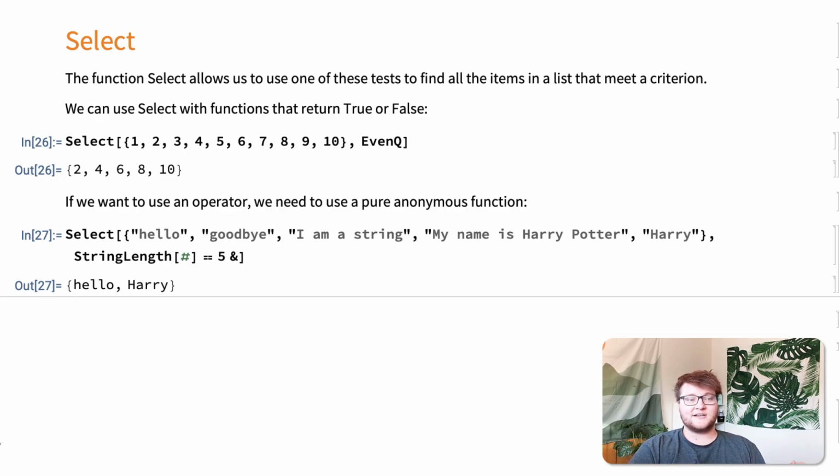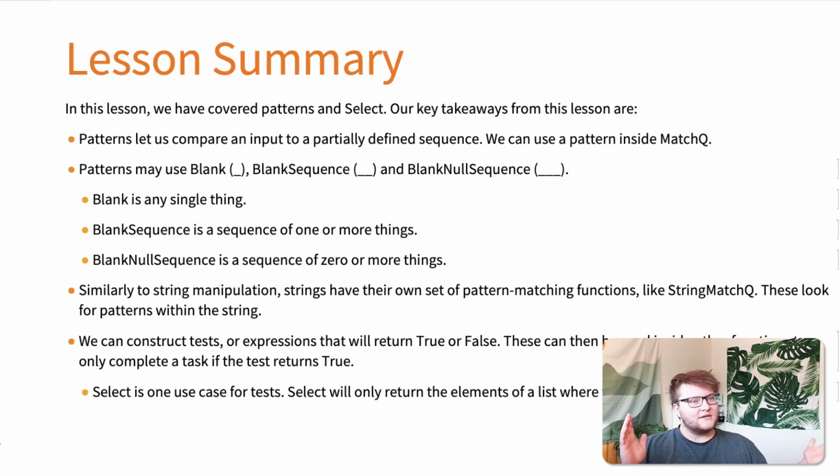So StringLength, as we know, is going to take the length of the whole string, not the length of all of the words within the string. We could do that using TextWords or by splitting all of the strings into their composite words using StringSplit. But in this case, we just wanted the strings that are length 5, not any substrings that are length 5. So that's what Select gave us.